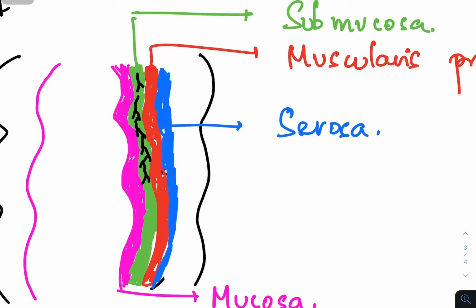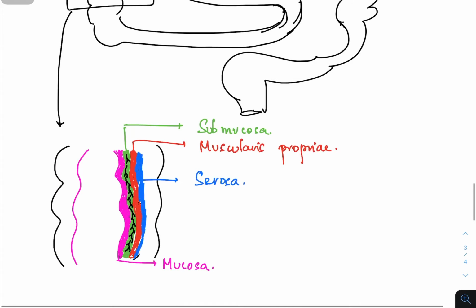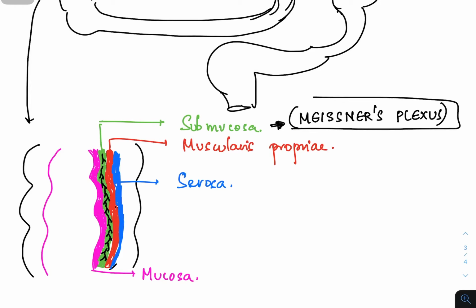You see, I'm drawing the nervous plexus over here, the plexus of the nervous system of your intestine. And in which layer am I drawing it? I'm drawing it in the submucosal layer. So it means the submucosal layer has a specific type of nervous system which is named Meissner's plexus.